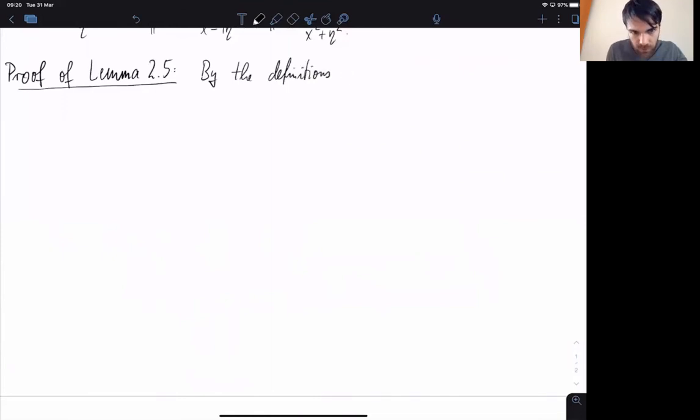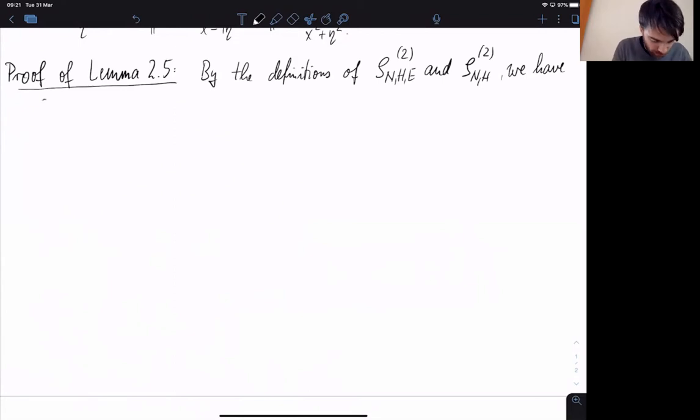By the definitions, I have the local k-point intensity measure and then the k-point intensity measure. Recall that the local k-point intensity measure was a shifted and rescaled version of the standard intensity measure. Because of that, we have the following identity.